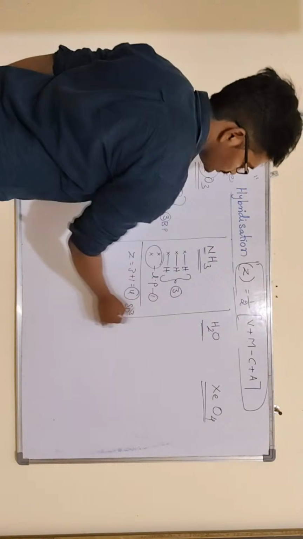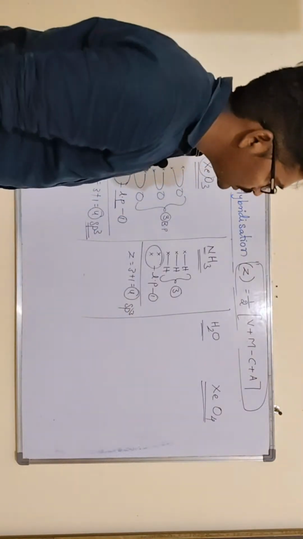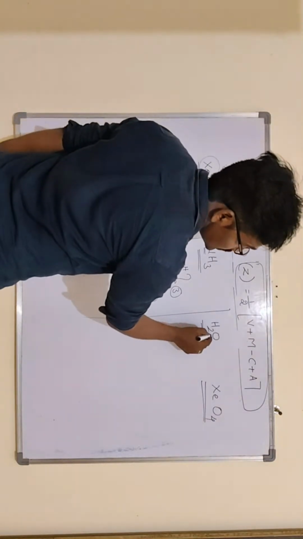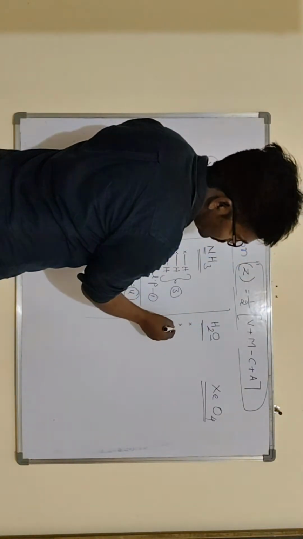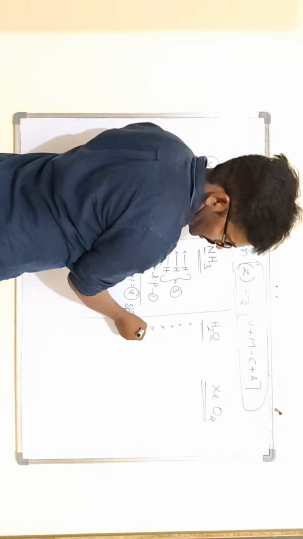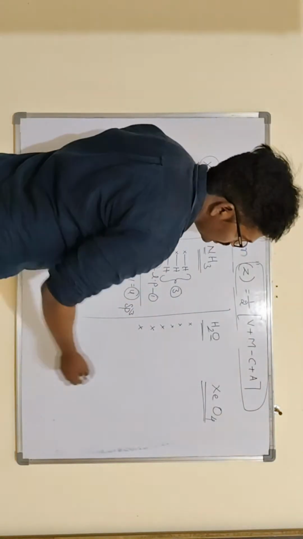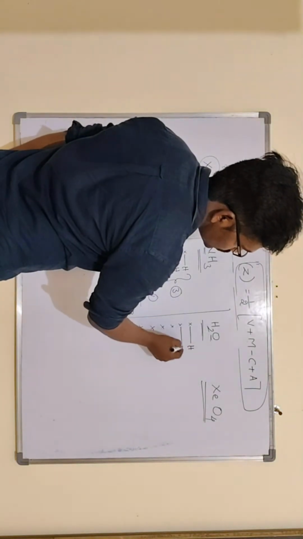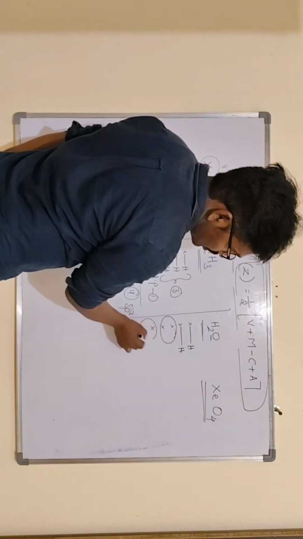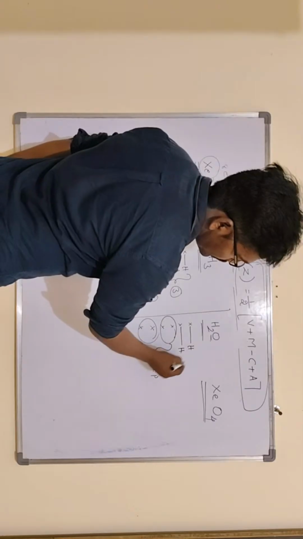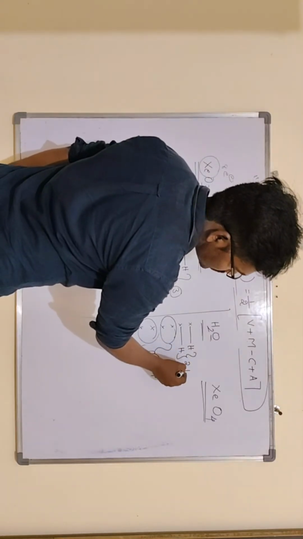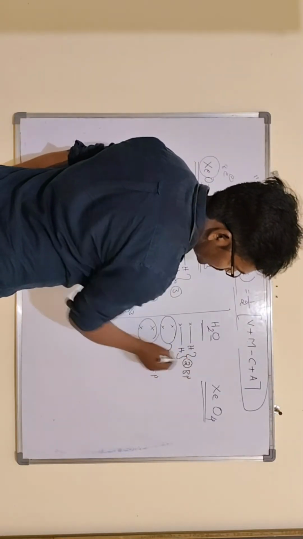Then come to the H2O molecule. In the H2O molecule, oxygen is the central atom. Oxygen belongs to the 16th group element: 1, 2, 3, 4, 5, 6. Then look at the hydrogen atoms. How many are there? 2 are there. The remaining 2 are lone pairs. Then the other 2 are bond pairs. 2 bond pairs and 2 lone pairs.